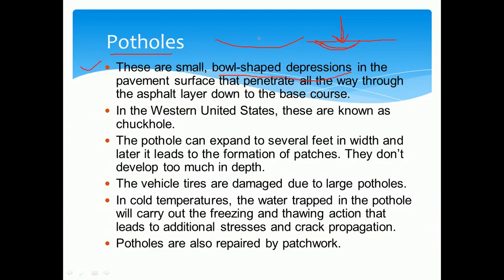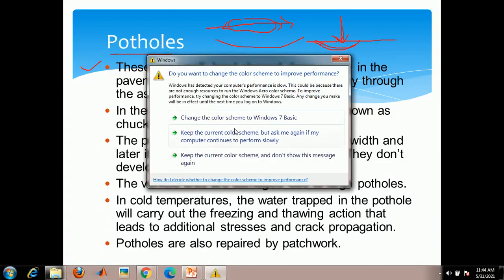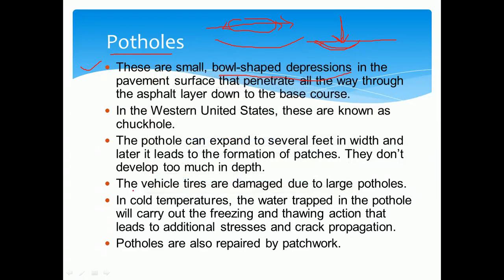Whenever a pothole is there, the vehicles are moving on the pothole itself, so there is an extension of the pothole's width, and the dimension of the pothole may increase if proper maintenance has not been done. And if we observe more potholes, there is damage to the vehicle tires. It should not provide smooth movement for the vehicles.